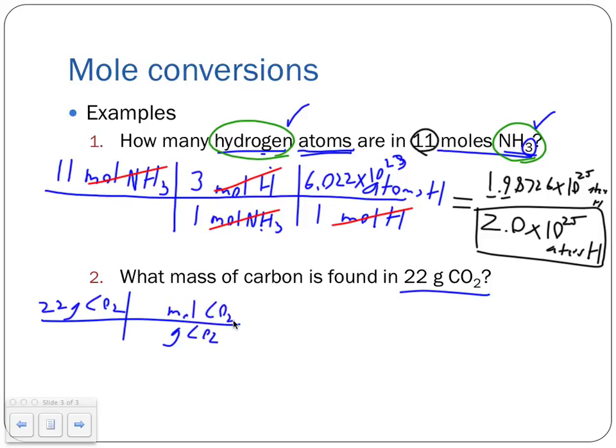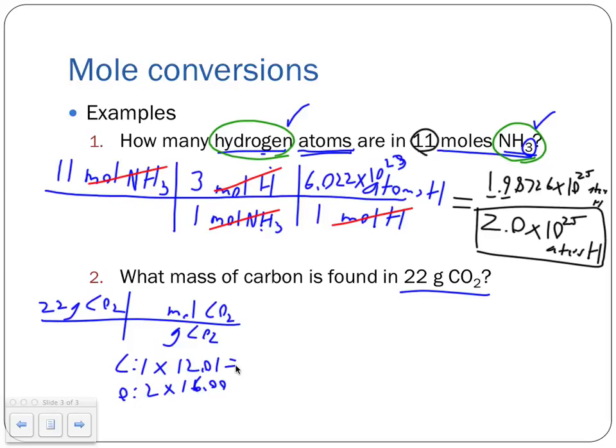So to find these values, we want to find what is the molecular mass of carbon dioxide. So carbon dioxide has 1 carbon and 2 oxygens. Carbon has a mass, if you look on the periodic table, of 12.01 grams per mole. Oxygen has a mass of 16.00 grams per mole.